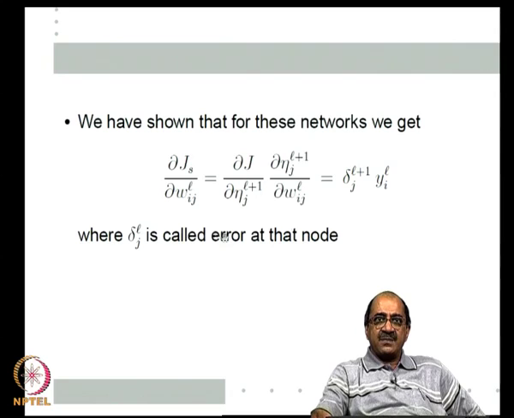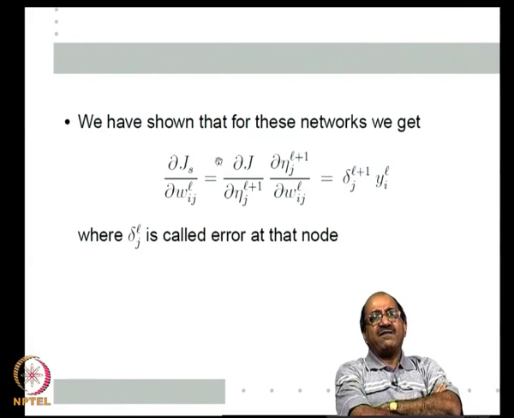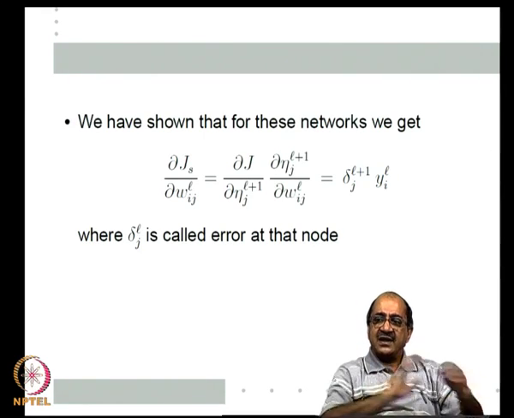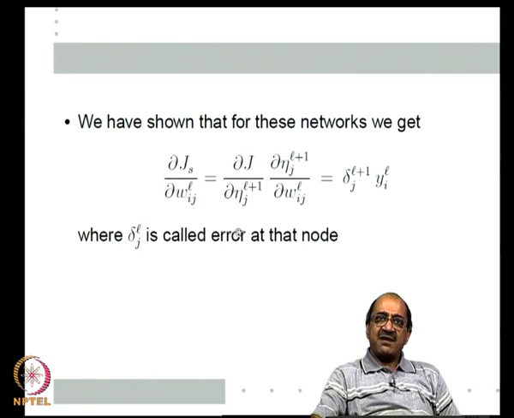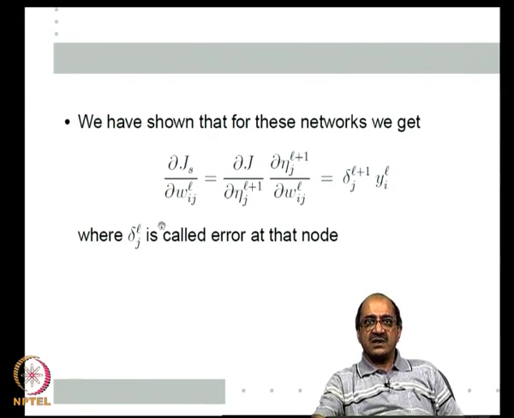Then I can write it as dou J by dou njl plus 1, times dou njl plus 1 by dou Wijl, because the only way a weight Wijl will affect J is by affecting the output of the network. The only way it can affect the output is by its effect on the net input into the jth node in layer L plus 1.